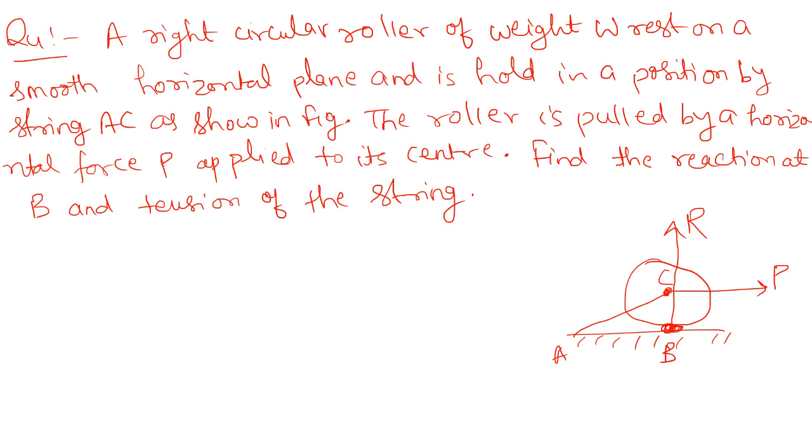Okay, so let's suppose this is your angle alpha. Since you apply the force on this roller towards the right hand side, the tension in the string will be generated towards the left hand side. So if this is angle alpha, what should be the value of this? This is also alpha, alternate angle.